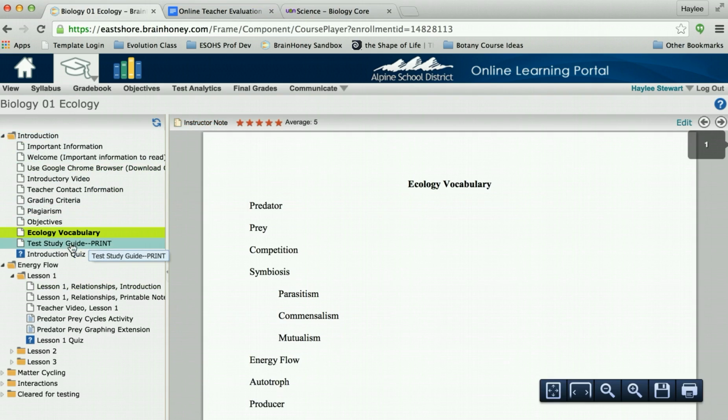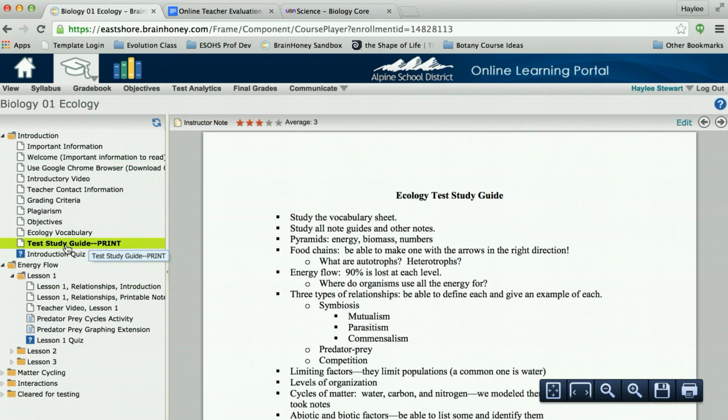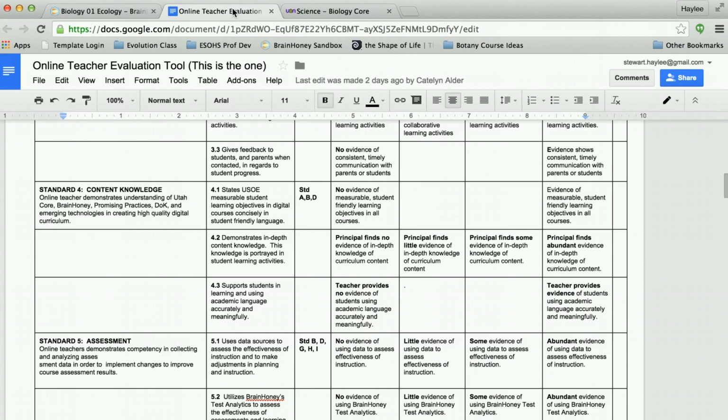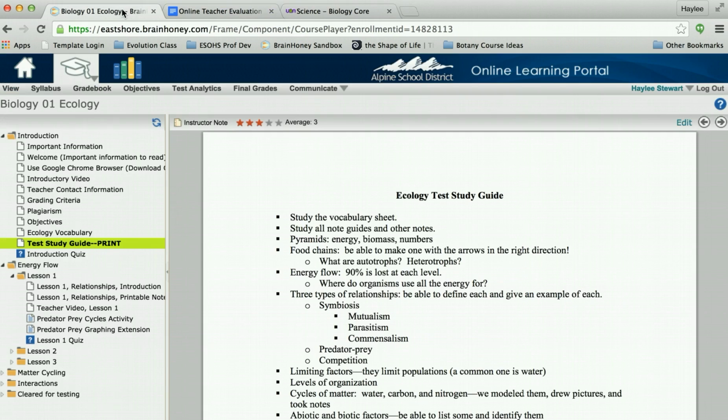I support students by giving them a study guide so they can see what concepts there are and how this vocabulary fits into the content. I also quiz quite regularly on vocabulary, just what does this word mean, define this word. So it is step 1, depth of knowledge, but it does help support students in building up their depth of knowledge up to a 2, 3, or 4.